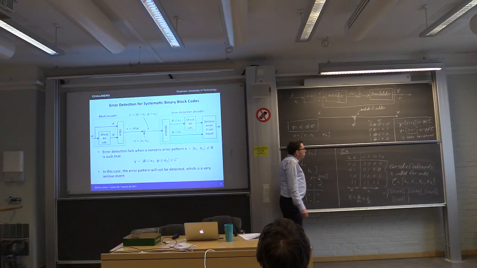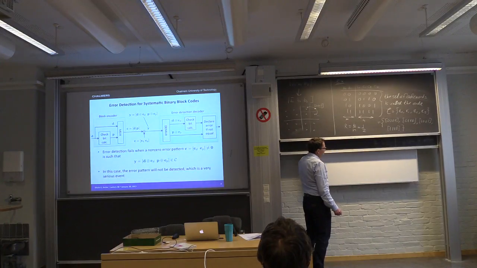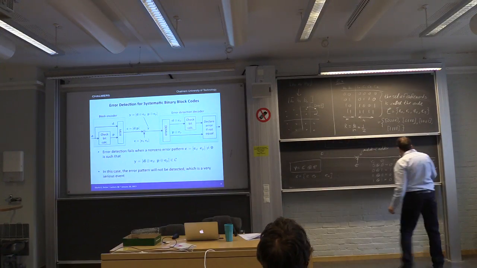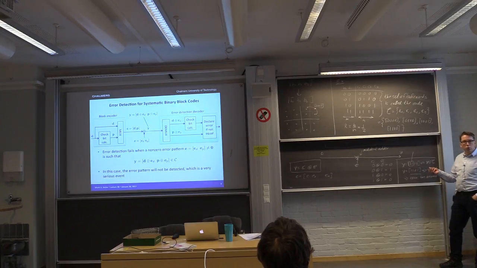So if we would do this here, in this situation, knowing I have a systematic code, I would look at the data bits that I received, and then compute the corresponding parity bits. And there is a way of doing that.